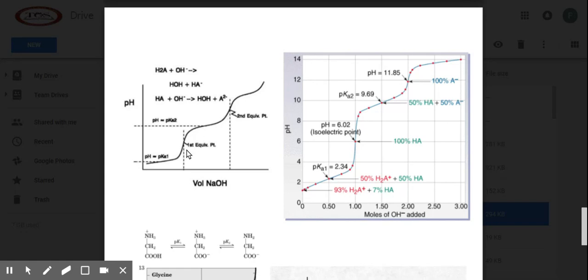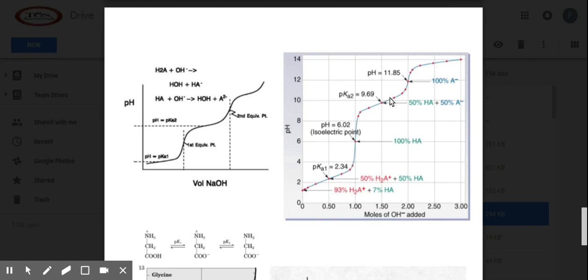So we actually have two equivalence points that are here. And the two equivalence points lets us know that we have a diprotic acid. You can have three. If we had a triprotic acid, or polyprotic, then you would actually see three equivalence points that are there.